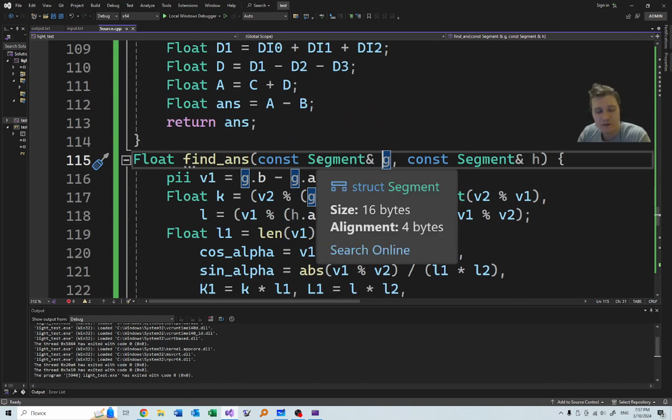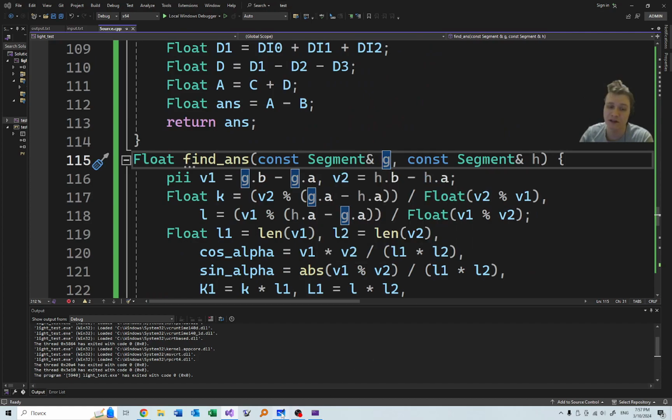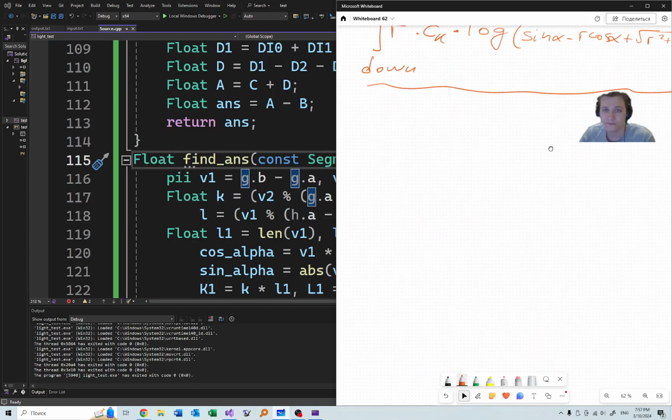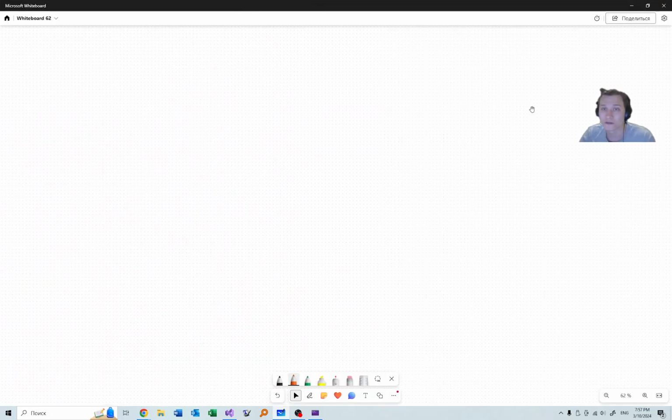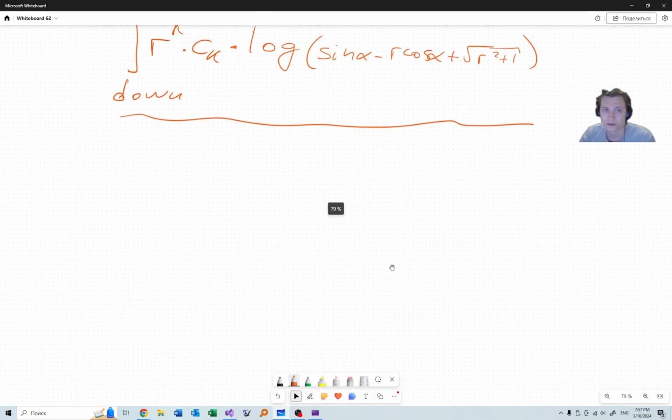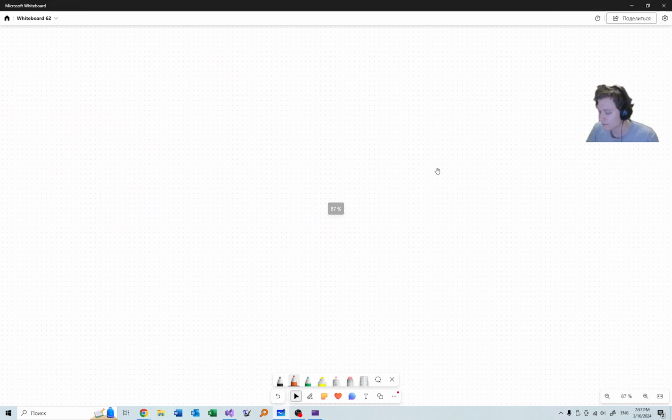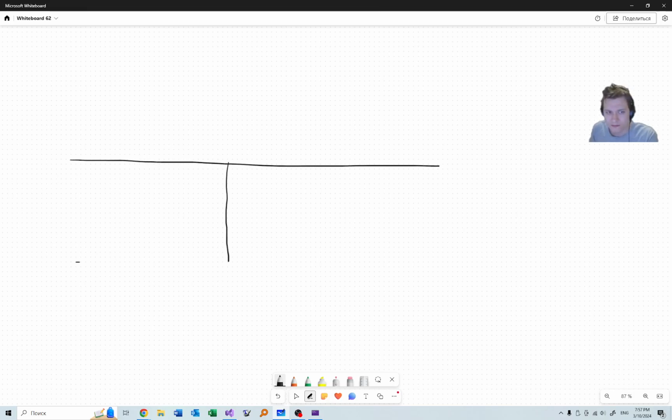First of all, actually I want to solve the problem when they are parallel, because why not? When they are parallel, actually the problem is parameterized by not many numbers.